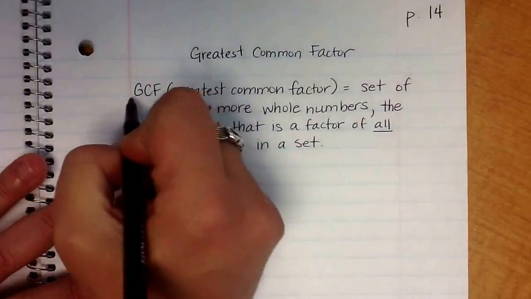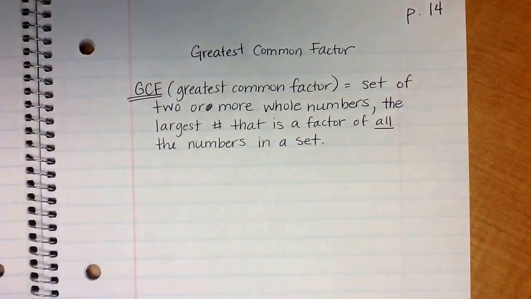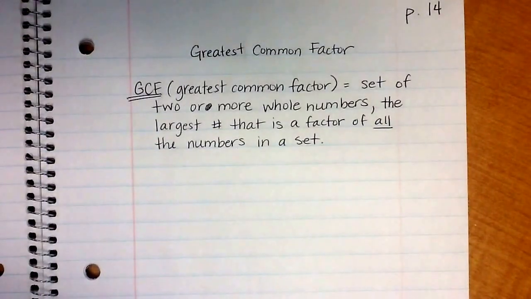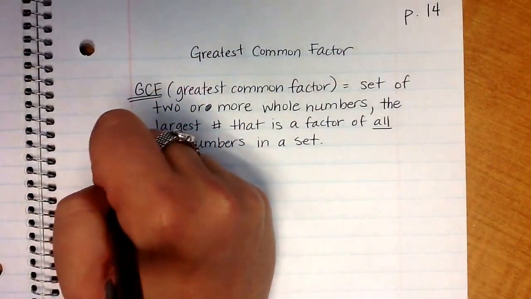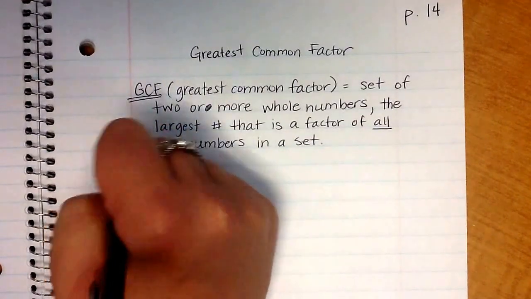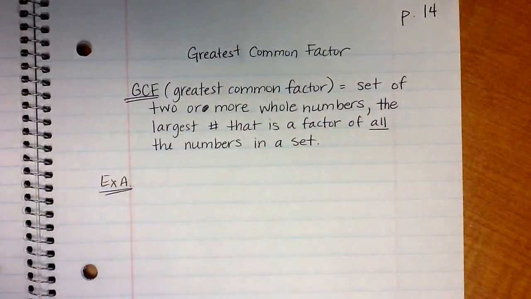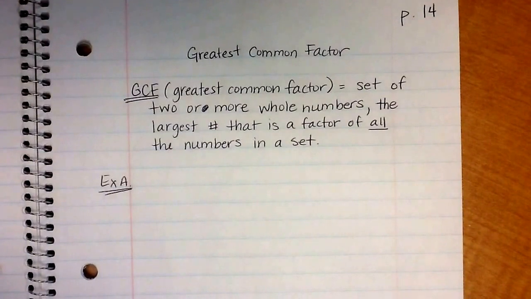The greatest common factor is when you have a set of two or more whole numbers. The largest number that is a factor of all the numbers in a set would be your greatest common factor. So let me give you an example to explain. This is going to be example A. There's a couple different ways we can find the greatest common factor.